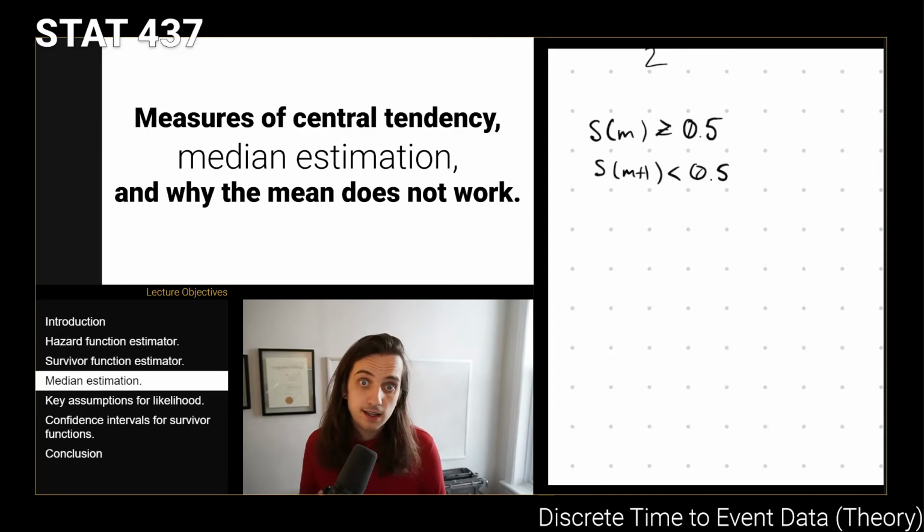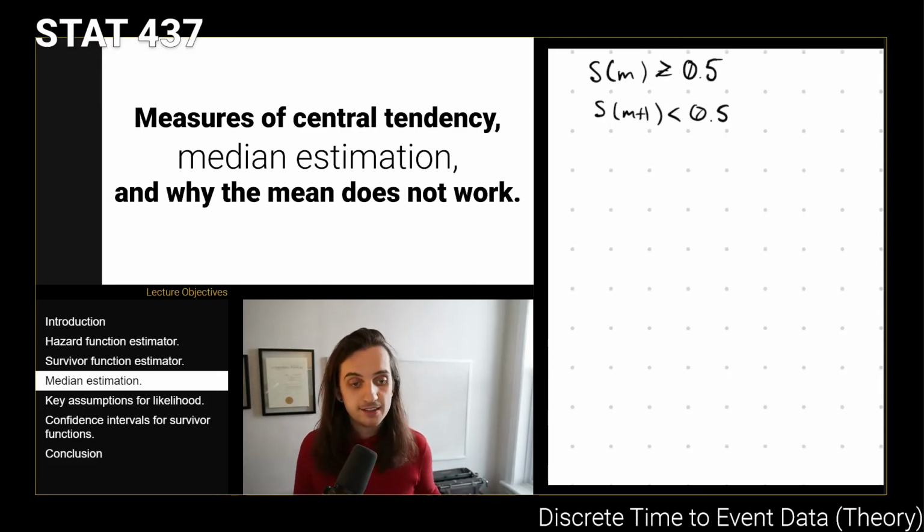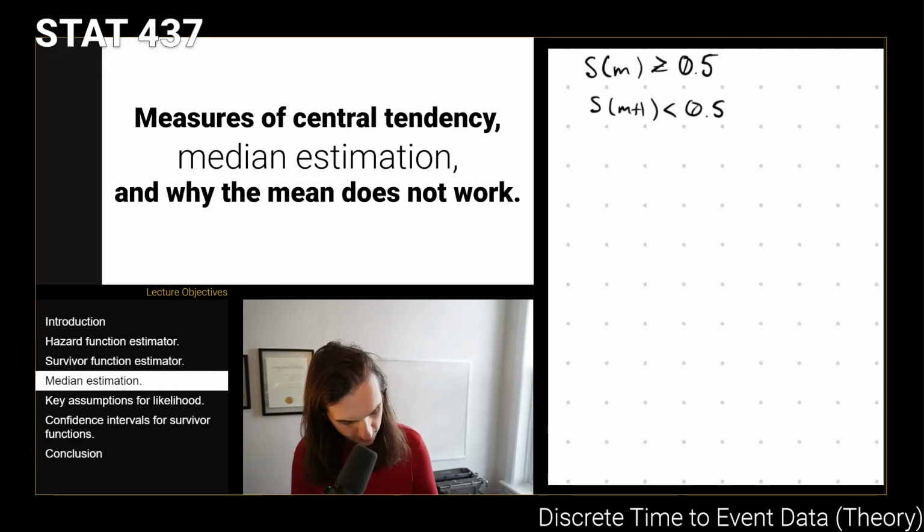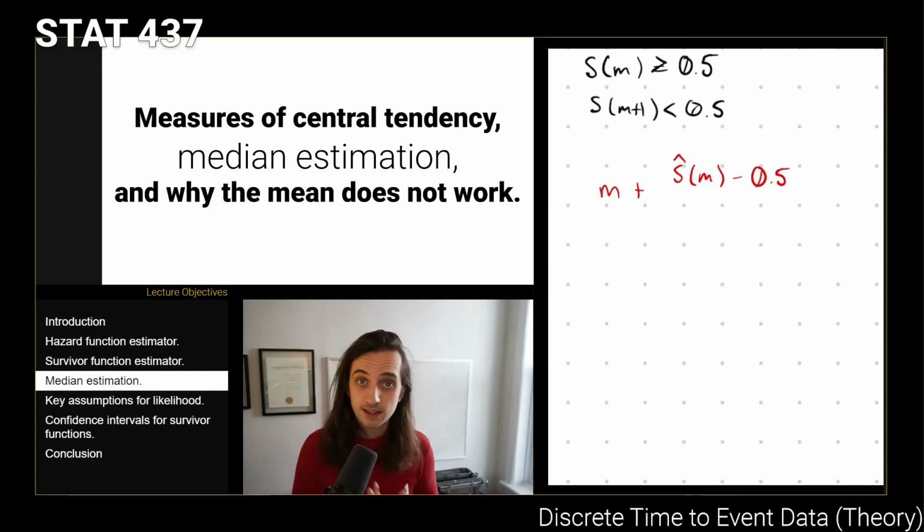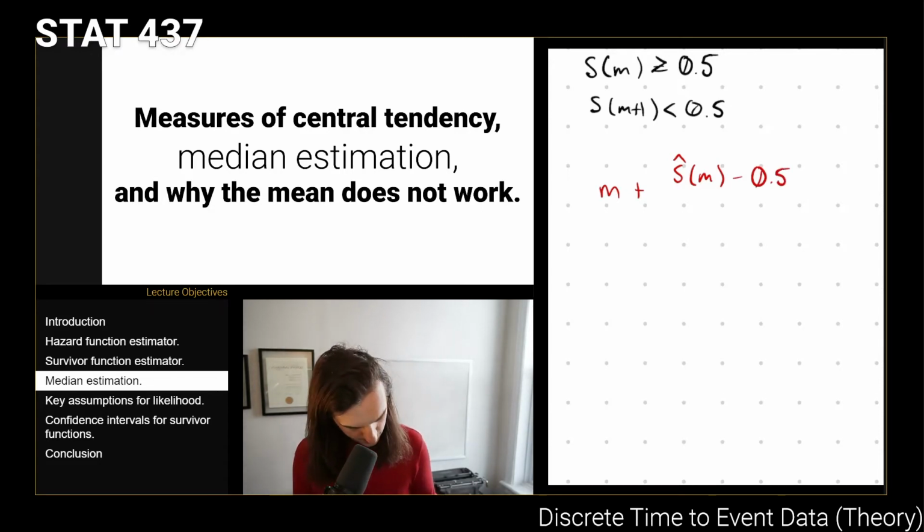But the issue is that the median that we really care about is somewhere between m and m plus 1. You could just report that, but what we like to do instead is some sort of interpolation. If we find that value of m, we start with that, and then we say it's actually going to be a little bit more than m. How much more? Well, we can see how much too big it was, so this is how much we overestimated that value of m.